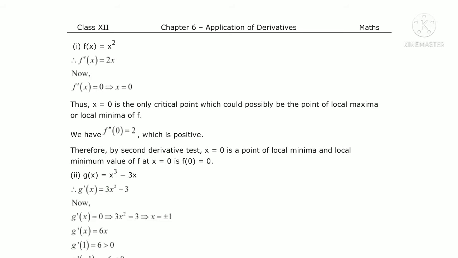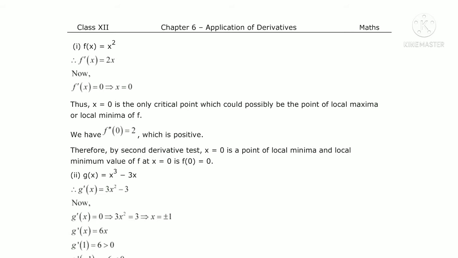If we put x equal to 0 in the given function f(x), we get the value 0. So here, x equal to 0 is the only critical point, which could not possibly be a point of local maxima or local minima.